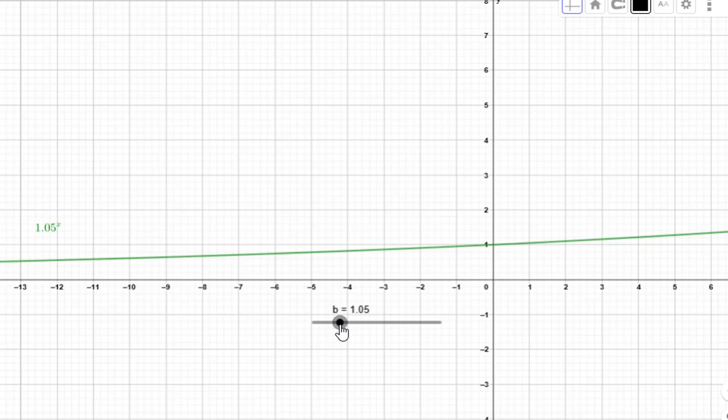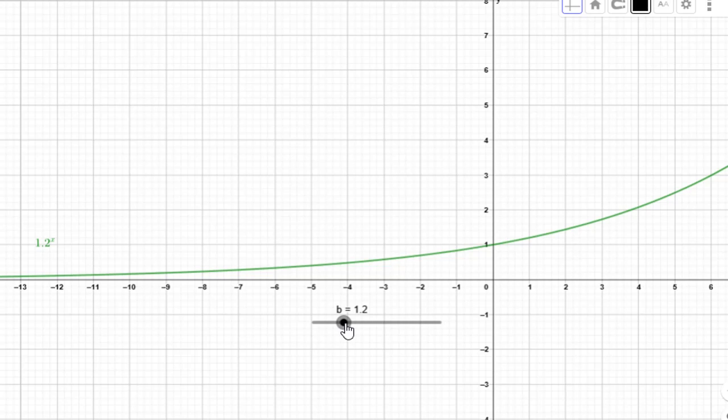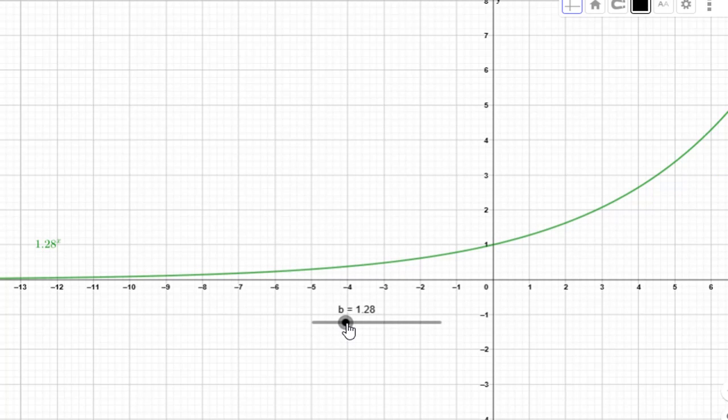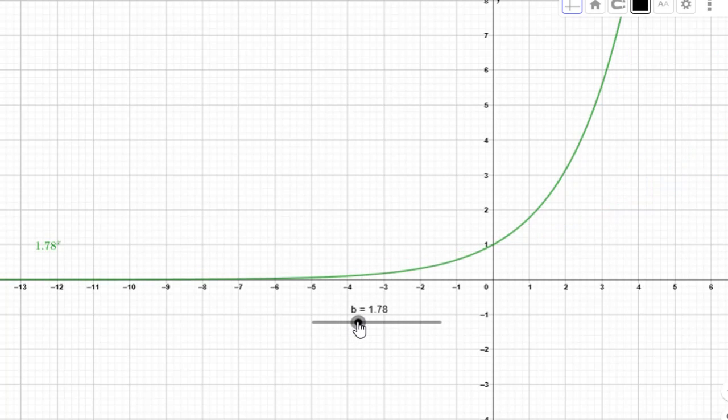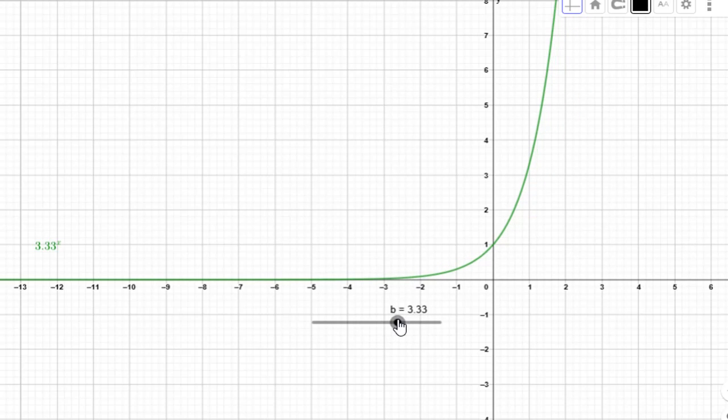Now b increases. It grows, 1.2. This is 2 to the power x. Here it goes. 5 to the power x.